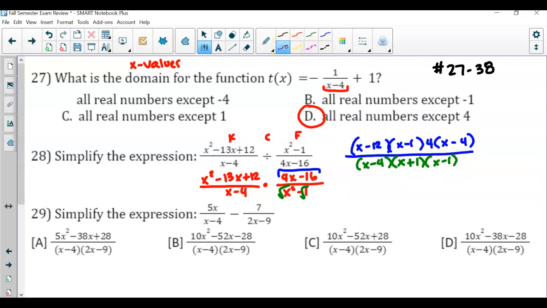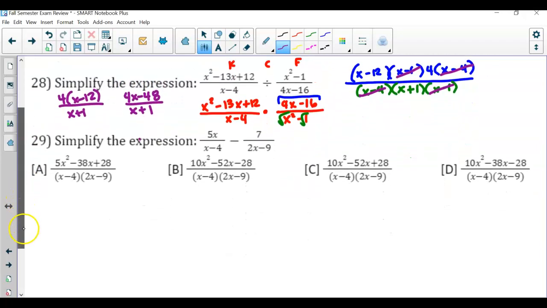Now we can start canceling out the common factors. So I've got x minus 4 and x minus 1. Notice how that will leave you with your final expression, which is 4 times x minus 12 over x plus 1. Now you can distribute the 4 and have 4x minus 48 over x plus 1.